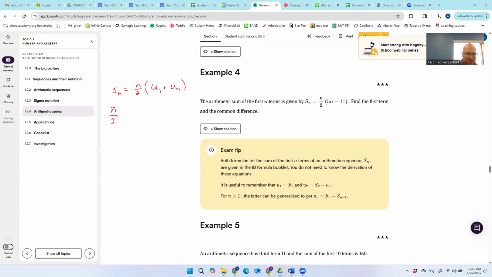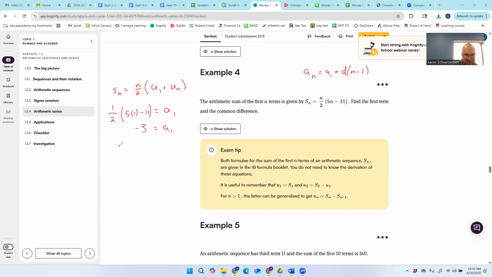So n over 2, I can plug in a 1. 1 over 2, 5 times 1 minus 11 equals, I can also use the A1. So that is my first term. So A1 equals -3 when I simplify that.